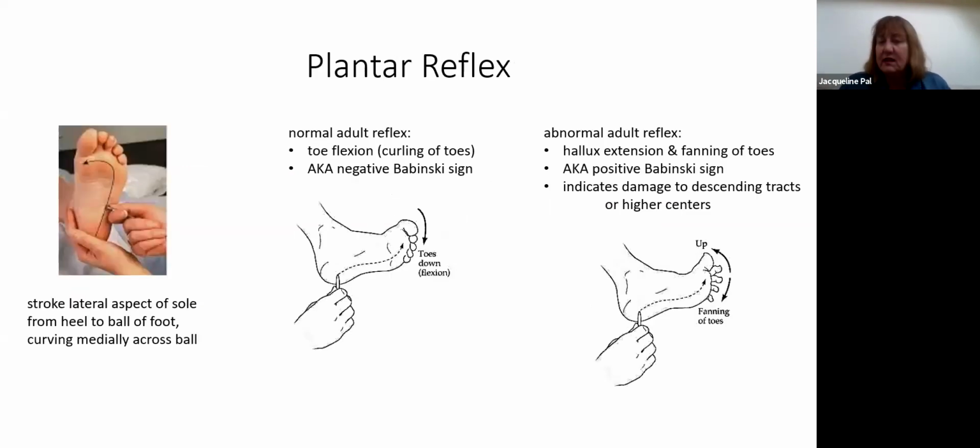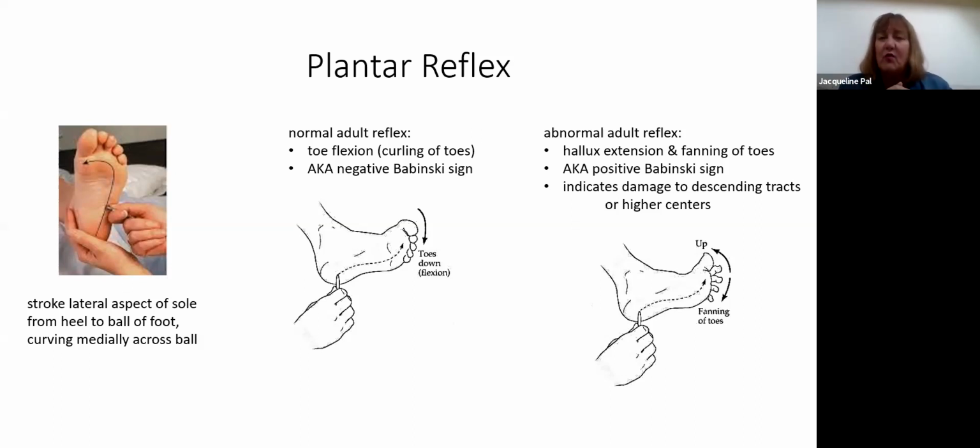So that brings us to the test that we do in adults called the plantar reflex, where, as you can see, we're stroking in the same portion of the sole of the foot. It doesn't work on the top of the foot. It's only on the sole of the foot. And the normal adult reflex when this happens is that you curl all your toes down and you go, whoo, that gave me goosebumps or something.